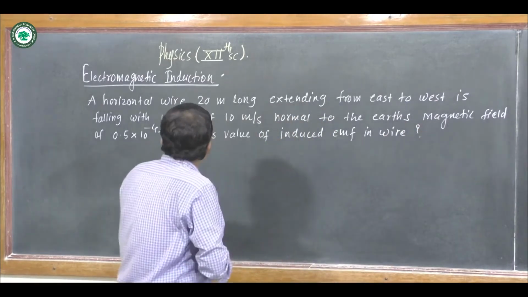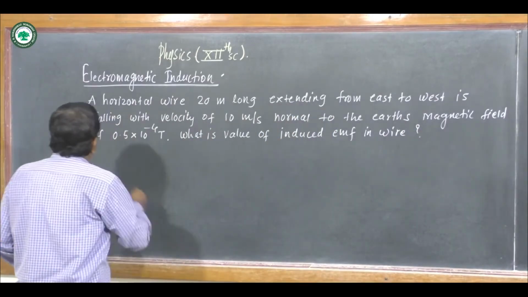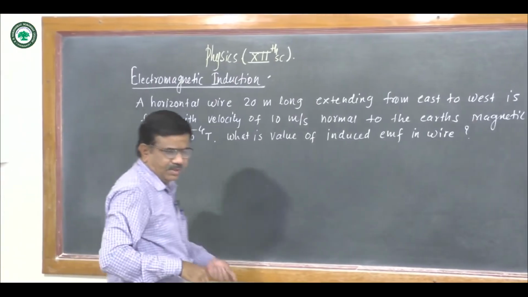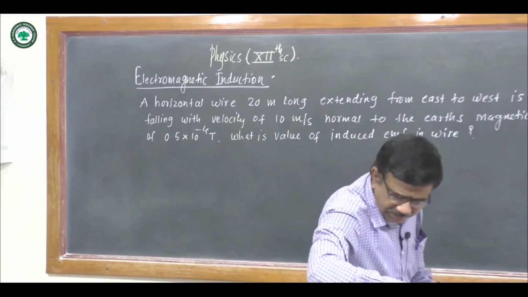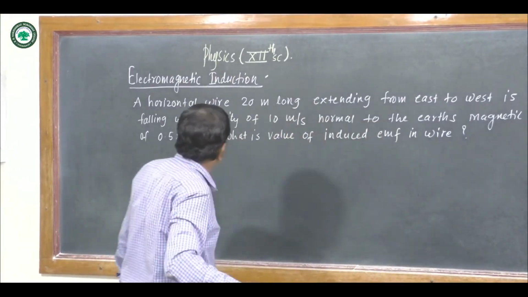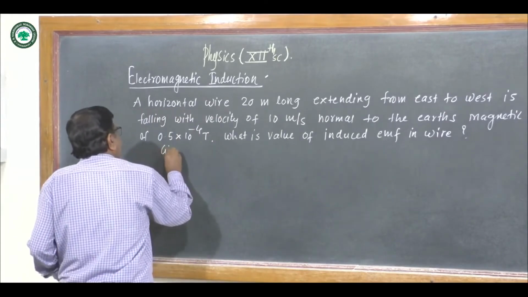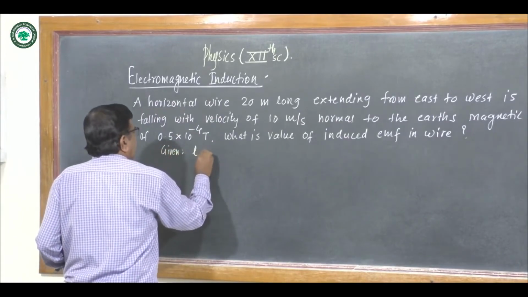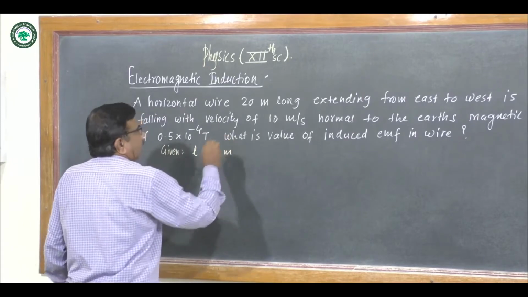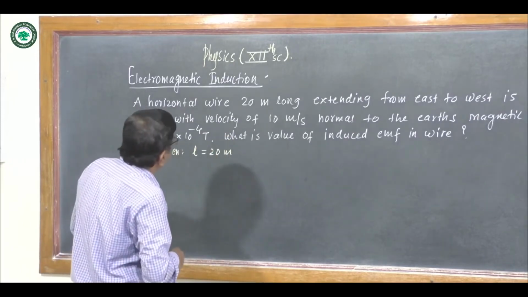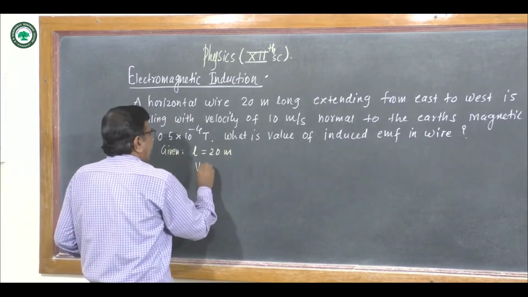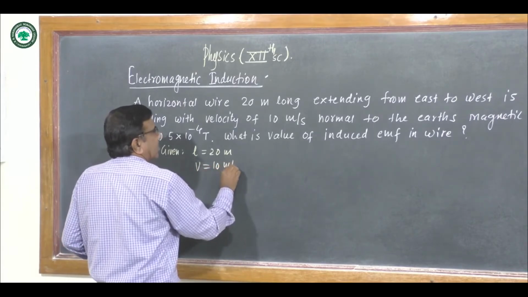See here, a horizontal wire 20 meter long, that is given. Our given data is L is 20 meter, extending from east to west, falling with velocity V, 10 meter per second.